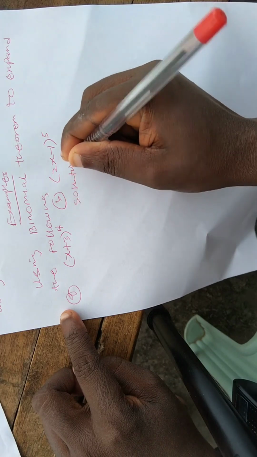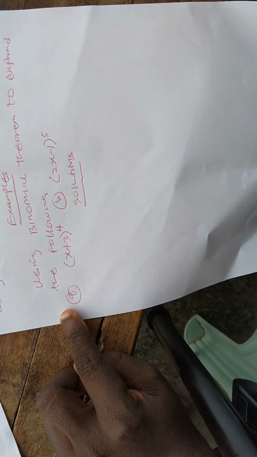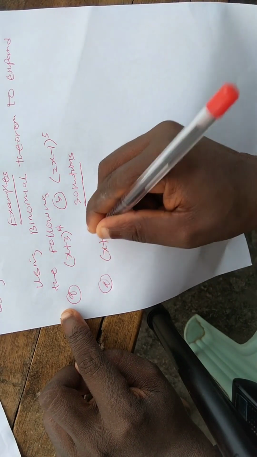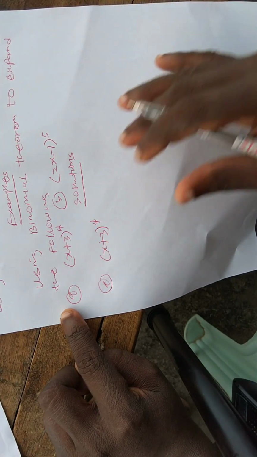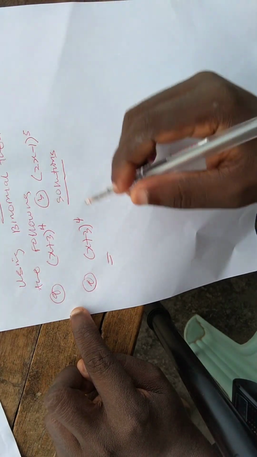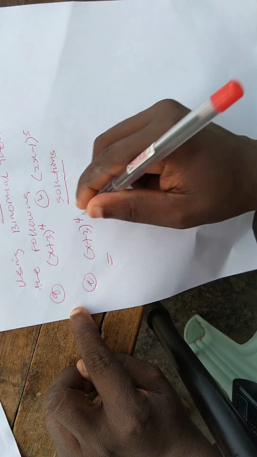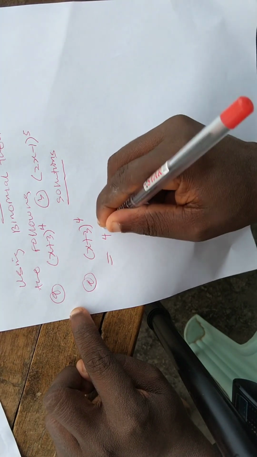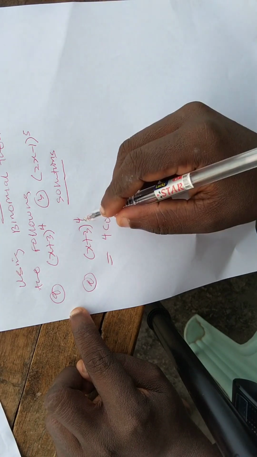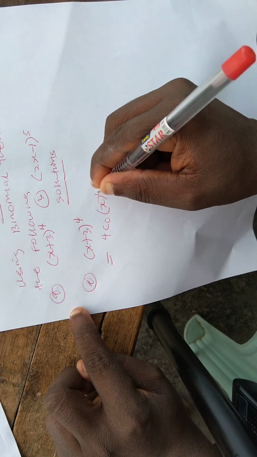So let's take our solutions. A, x plus 3 raised to power 4. If we are doing this, we start from 4. So here will be 4 combination 0. This x will have the highest power, x raised to power 4.